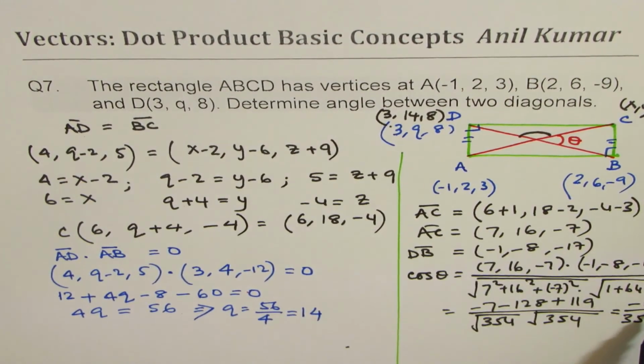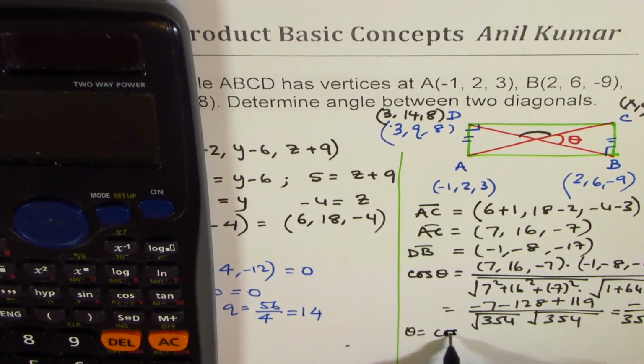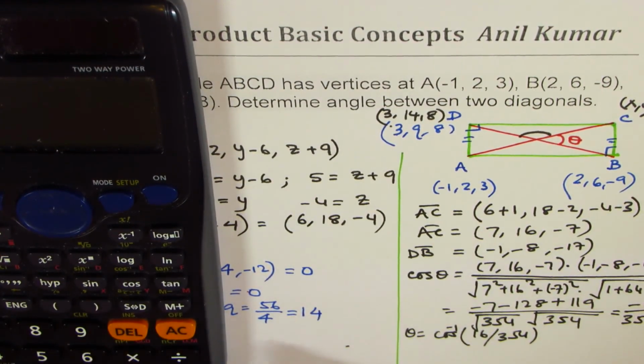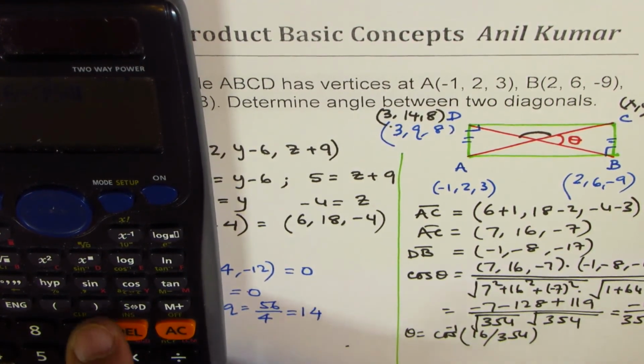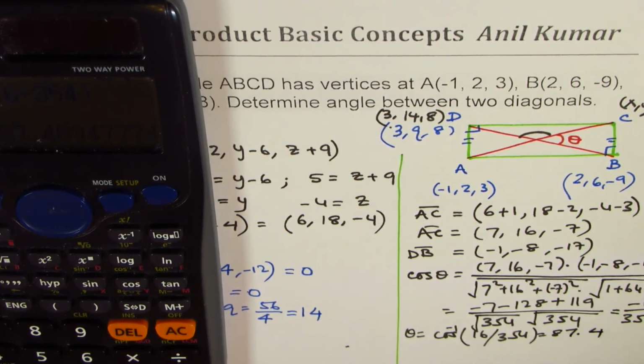So what we can do here is find theta as cos inverse of 16 over 354. So we get shift cos inverse of 16 divided by 354, which is equal to 87.4, right? So that becomes the acute angle.